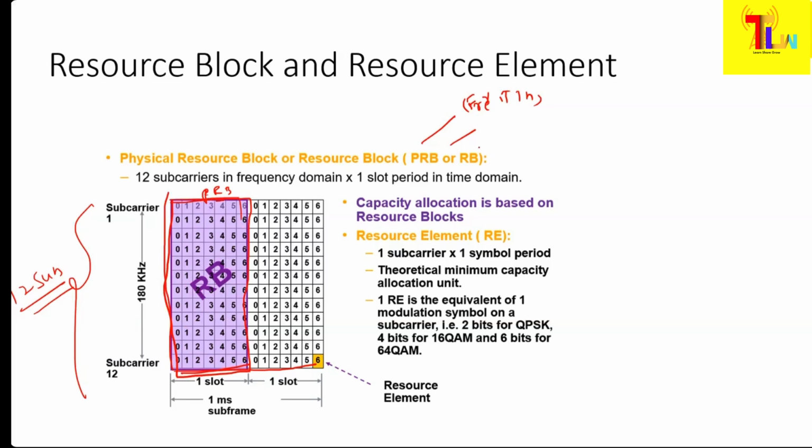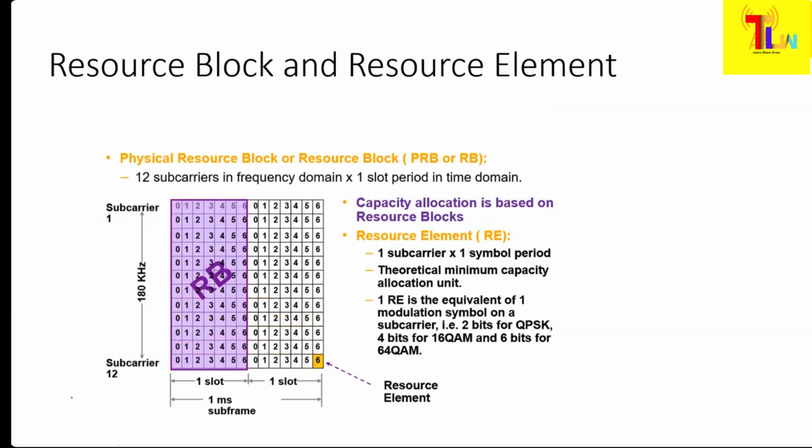But if somebody says RB, it is not bounded to the time domain. It's just how many subcarriers in the frequency domain. But the sense is the same, so people use both the same way. It's just a matter of definition.